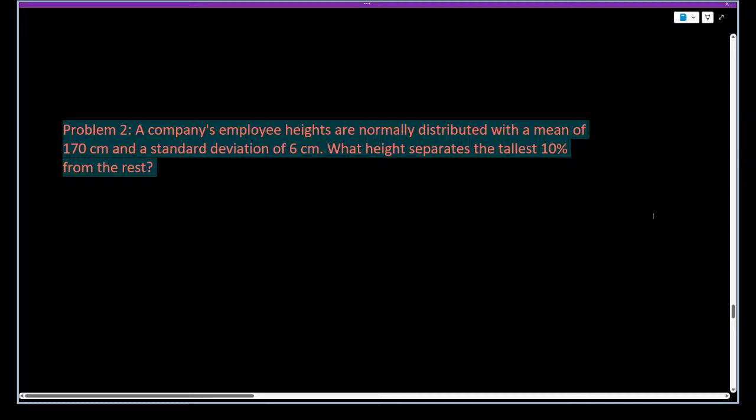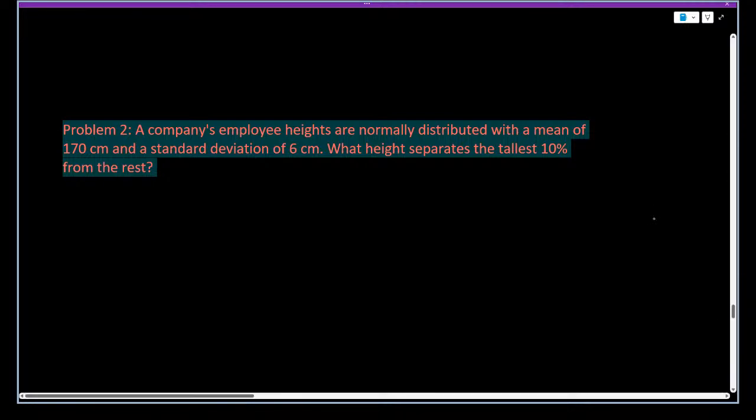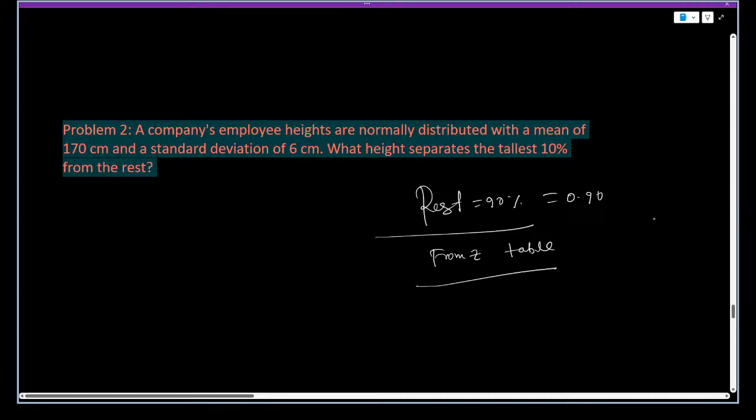So here you are going to find, because they say it separates the tallest 10% from the rest, so what is the rest? The rest is 90%. And from the Z table, 90% means probability is 0.90, as you have seen in the previous example. From the Z table, you see the value of Z compared to this probability.